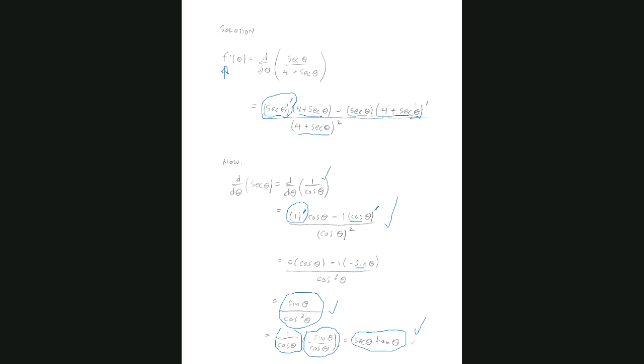And incidentally, you notice now, because my independent variable is theta, I'm differentiating with respect to theta. Would it make sense to take the derivative of the secant of theta with respect to x? Technically that would equal 0, because secant of theta is not dependent on x.